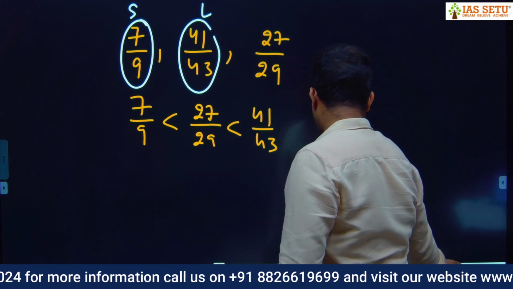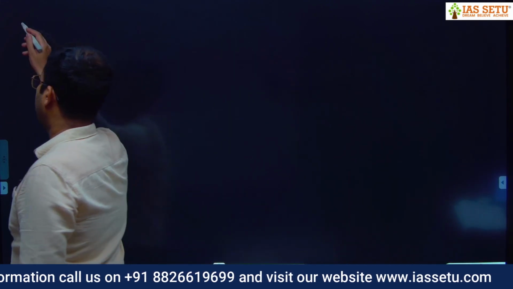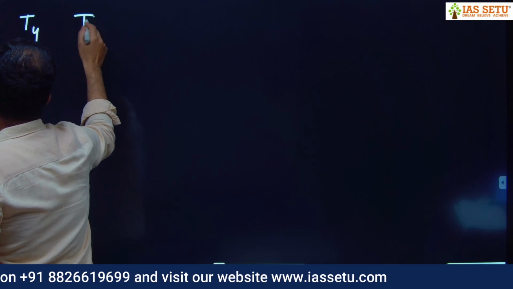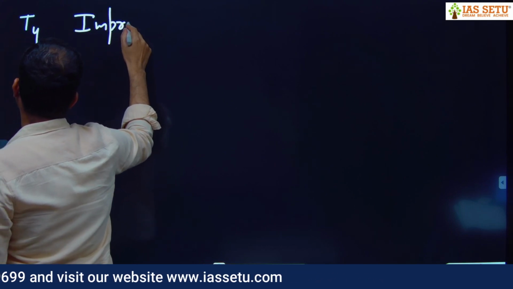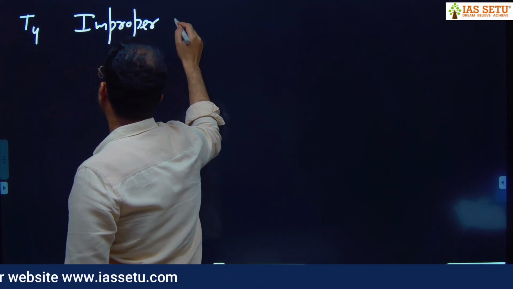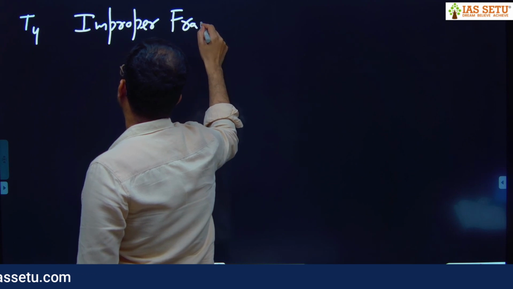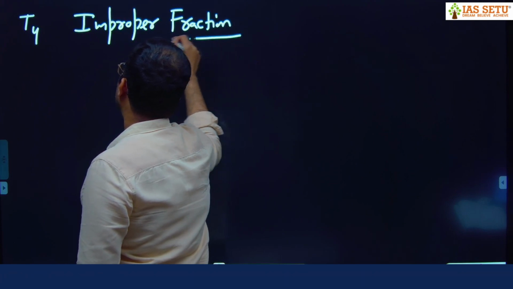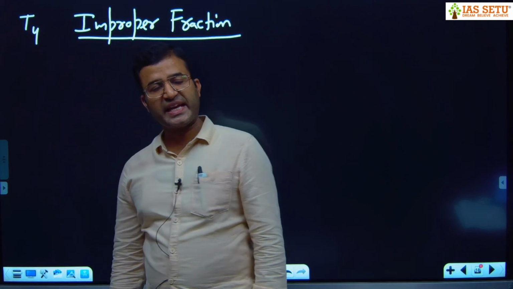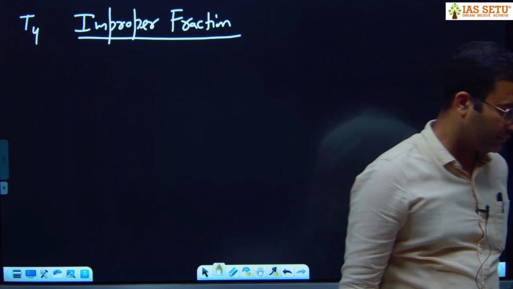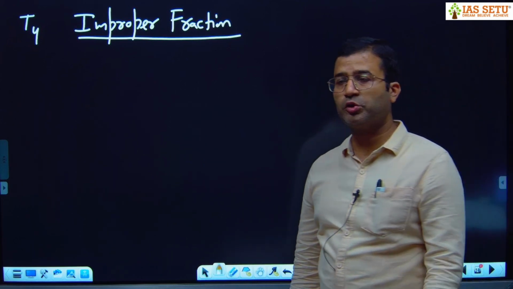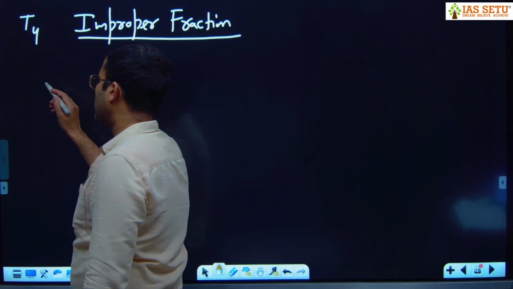Okay, type 4. This type 4 is for improper fractions. Same thing, but improper fractions, and the result is totally opposite. What is our type 4?